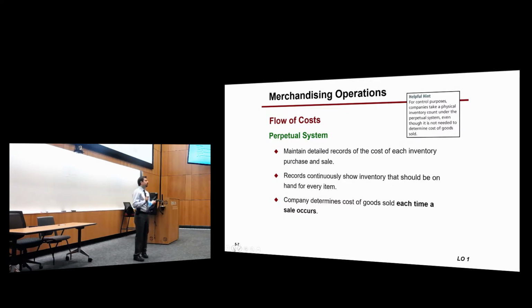And the difference between the physical count and the balance according to the company's books will have to be adjusted for. So the company will have to make an adjustment to update the balance between what they think they have and what they actually have.